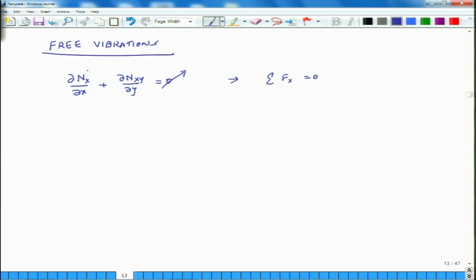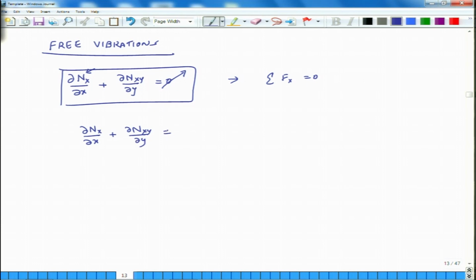The second thing is that Nx is force per unit length. So, this equation gets modified to del Nx over del x plus del Nxy over del y equals rho times the acceleration, del 2 u over del t square.